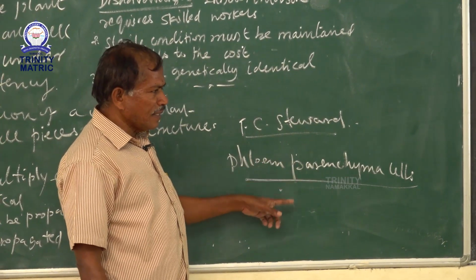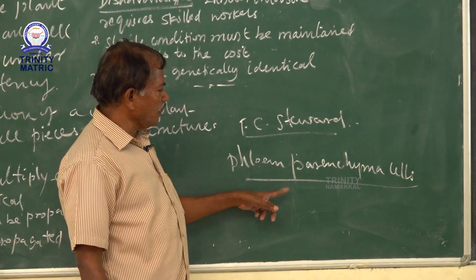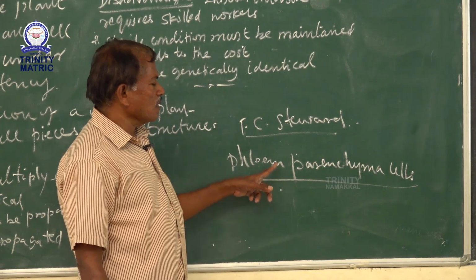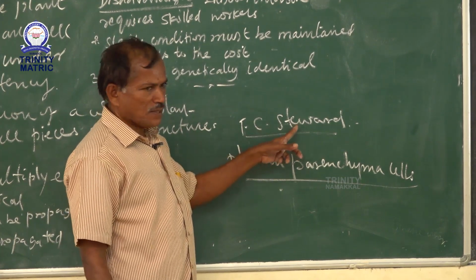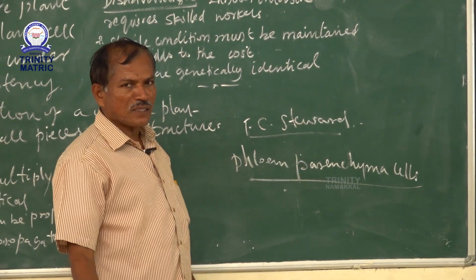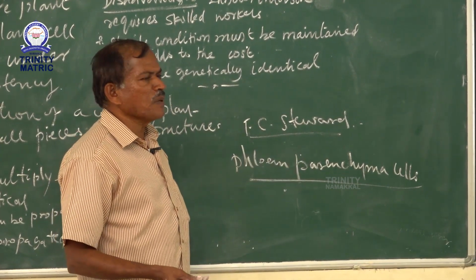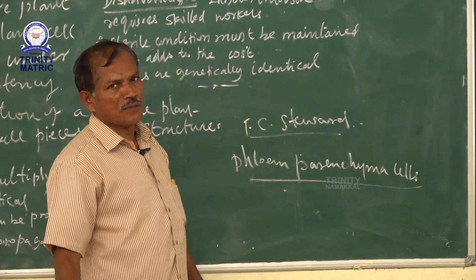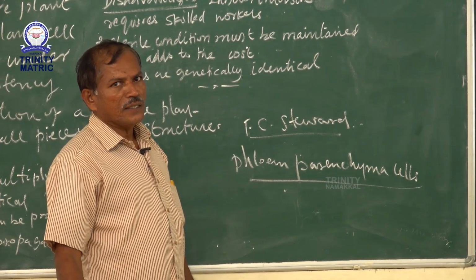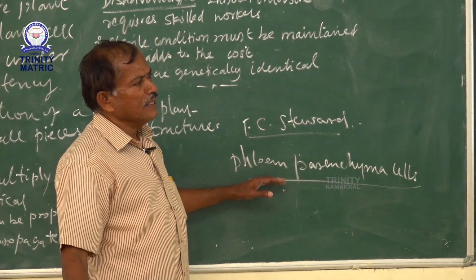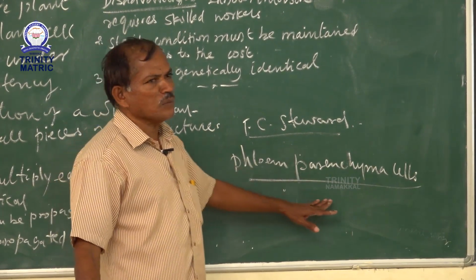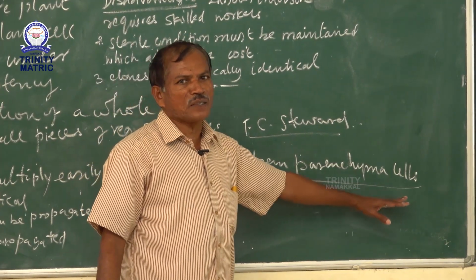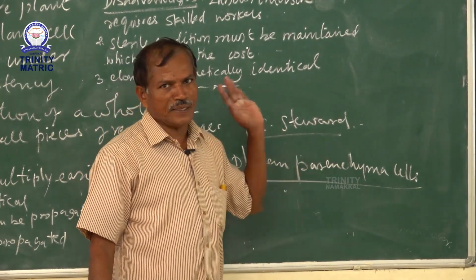A single cell develops into an entire plant. This is totipotency, demonstrated by F.C. Steward. Then a famous embryologist, P. Maheshwari, an eminent embryologist, also produced a large number of economically important plants by these techniques.